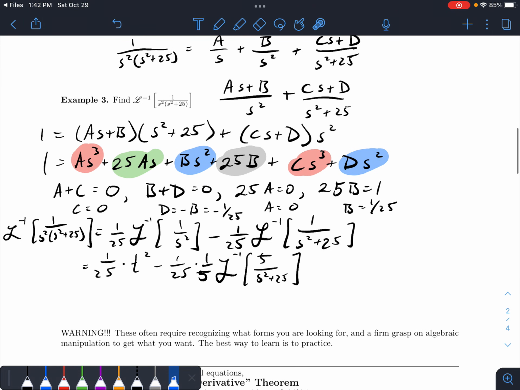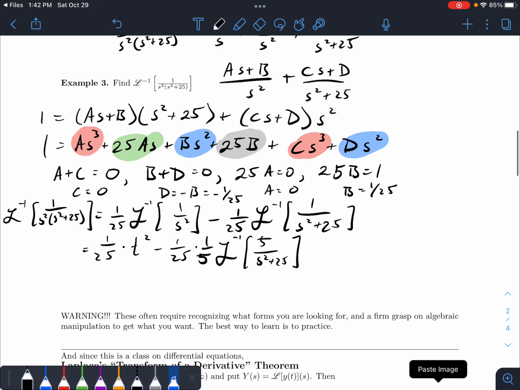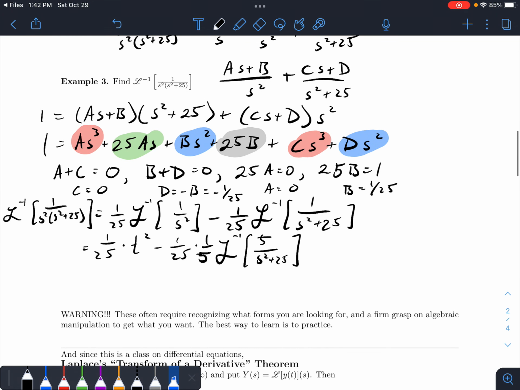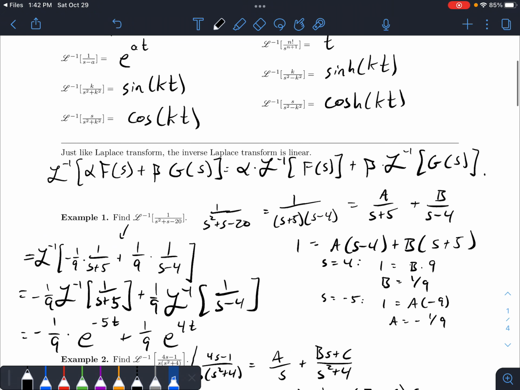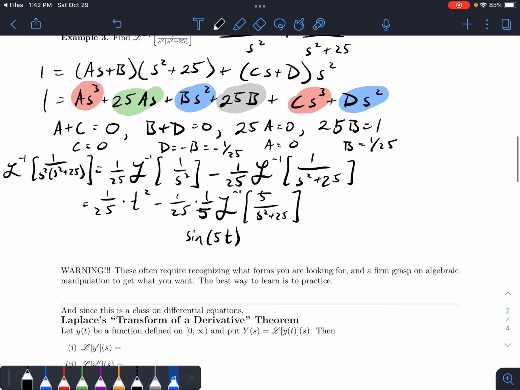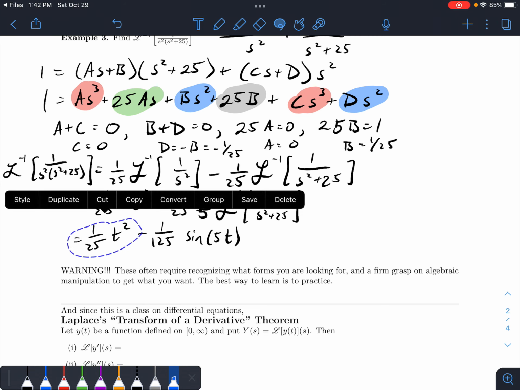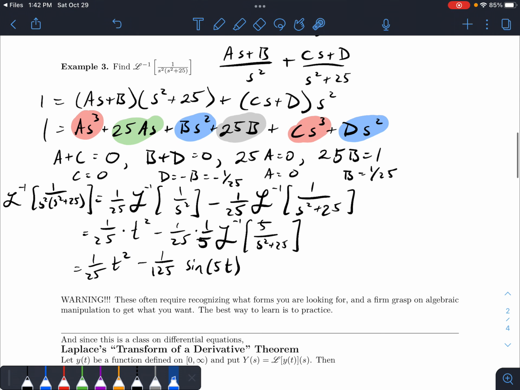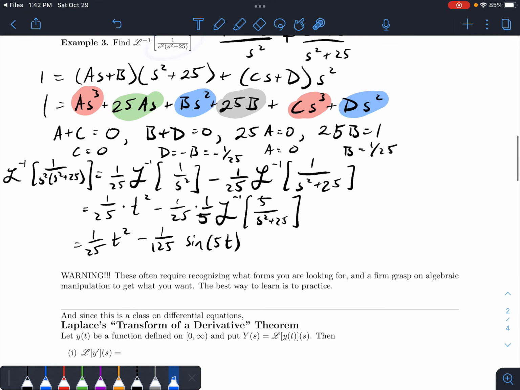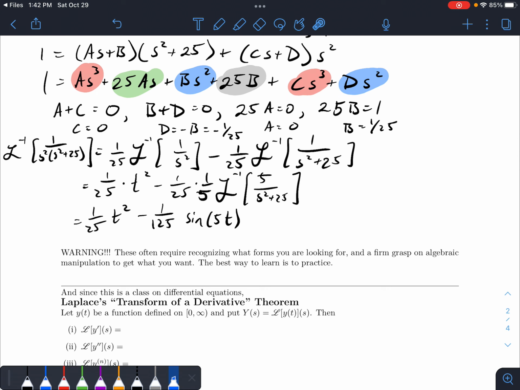If we multiply this by 5, then we need to divide by 5 out here, so we're dividing by another 5. And then this now would give us sine of 5t. So minus 1 over 125 sine of 5t. And then here I have 1/25 t. So this would be our inverse Laplace of this guy.